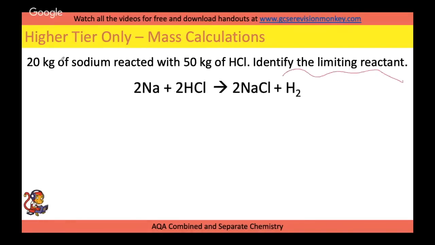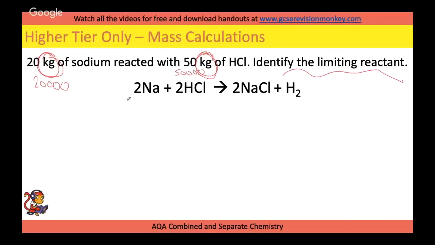This is the last question for higher tier, you'll be pleased to know, about limiting reactants. Now I would recommend converting these ones to grams first of all, because last year you were Dr. Mark if you didn't do a limiting reactant question in grams. So first of all, I would recommend you converting these. Don't forget kilo is times 10 to the 3, so it's timesing it by 1,000. So you'd have 20,000 and you'd have 50,000.